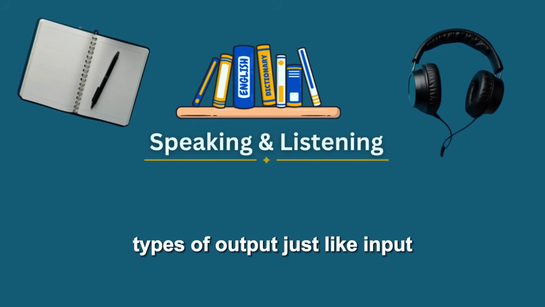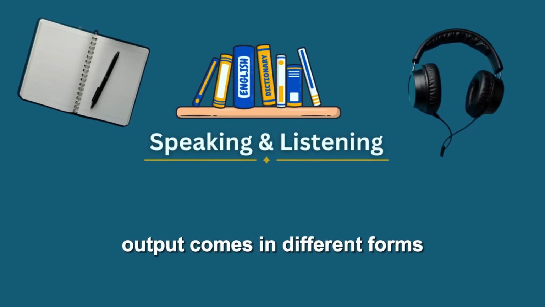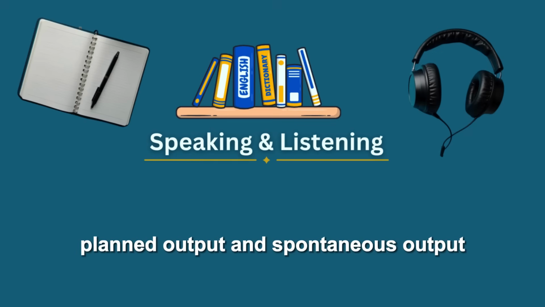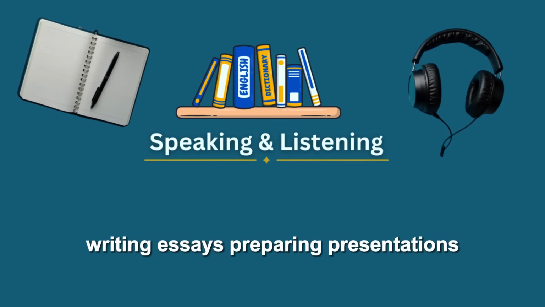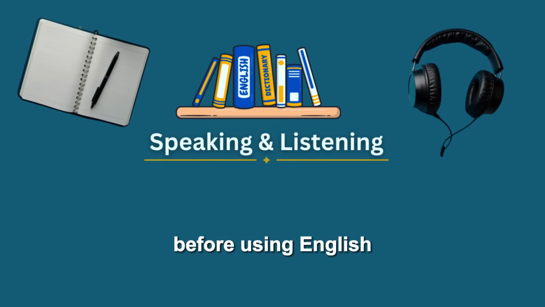Types of output. Just like input, output comes in different forms. There are two main types: planned output and spontaneous output. 1. Planned output. Writing essays, preparing presentations. Planned output happens when you prepare before using English.